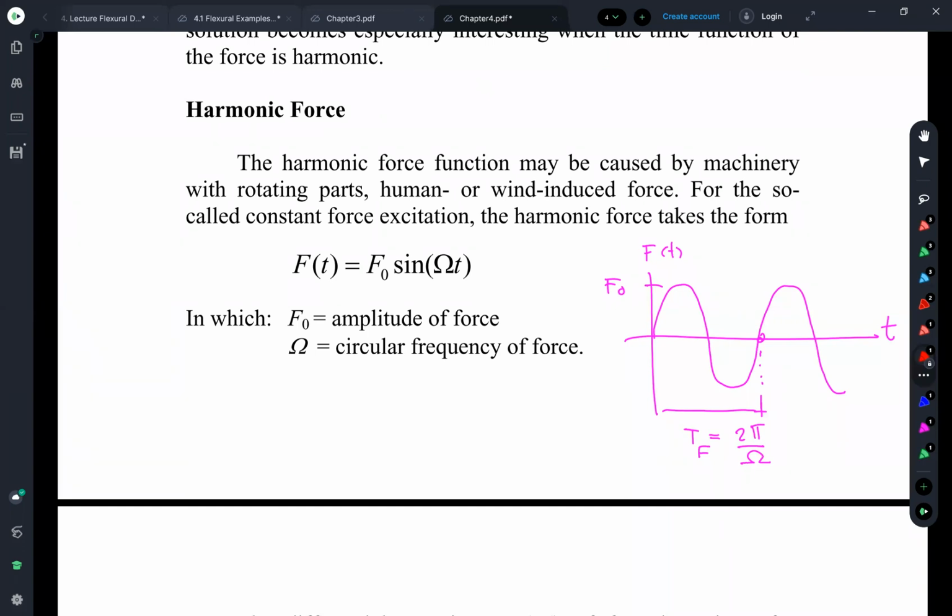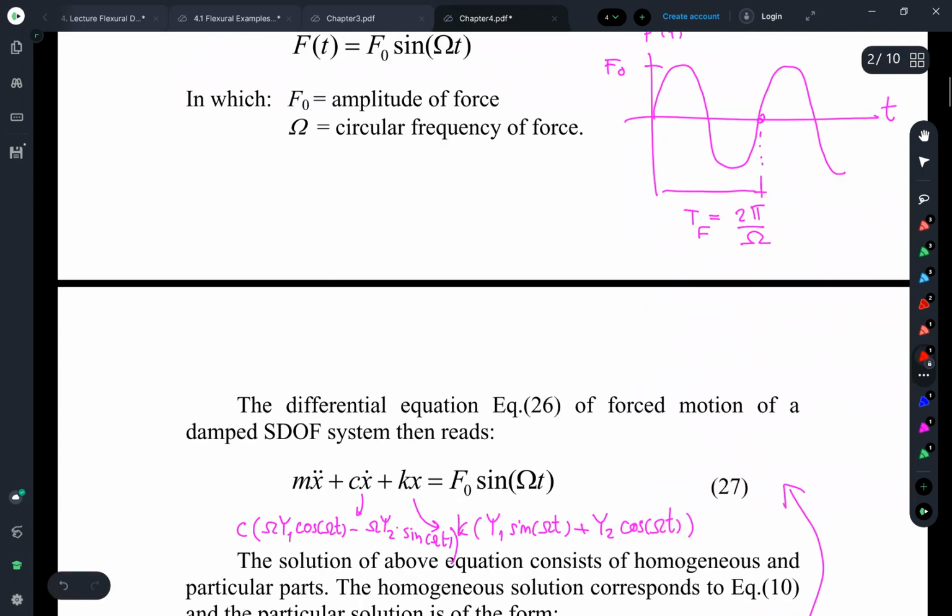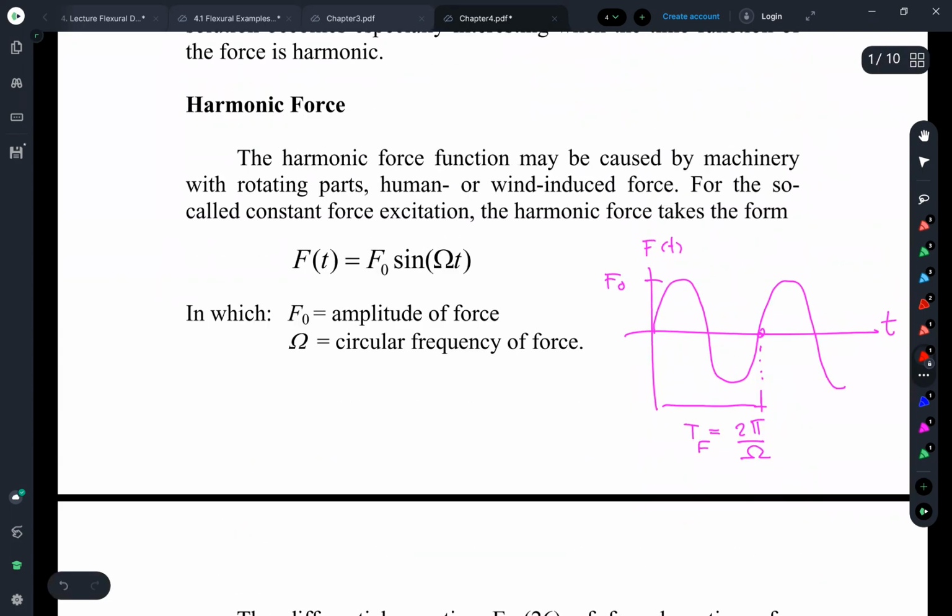This can be represented by equation 26a: F0 sine big omega t. F0 is the amplitude of the force, just a constant quantity, and big omega is the circular frequency of the force.